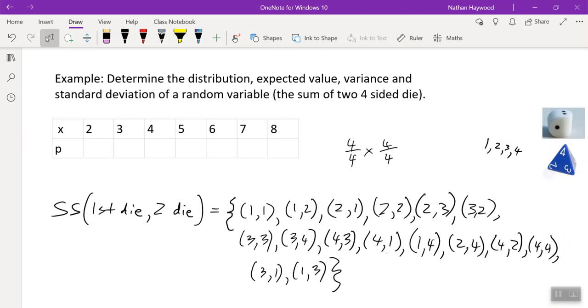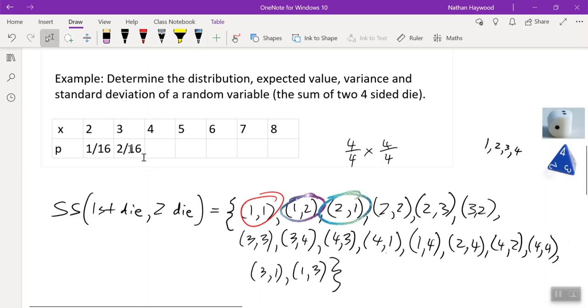So what's the probability of rolling 1 plus 1? It is 1 out of 16. What about a total of 3? How many is it? 2 out of 16 or 1/8? What about 4 total? Someone up the back.